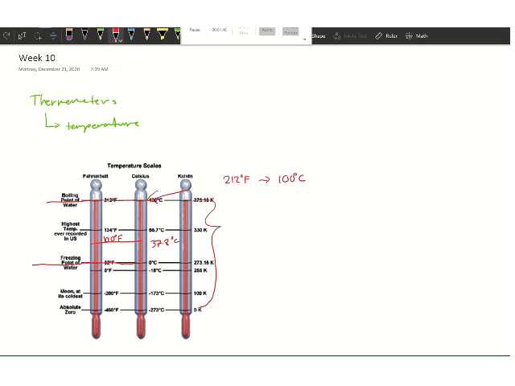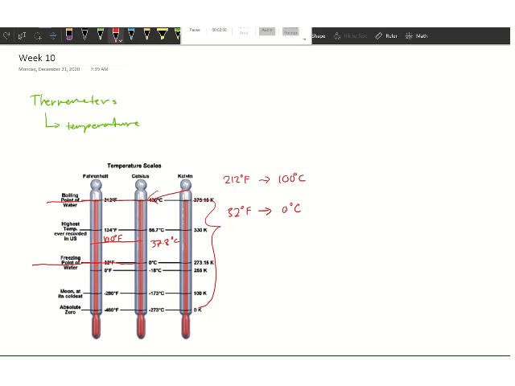Okay, so going back to here. We have 212 degrees Fahrenheit, which is equivalent to 100 degrees Celsius, and 32 degrees Fahrenheit corresponds to 0 degrees Celsius. Understanding this will help you remember how to convert between the two.